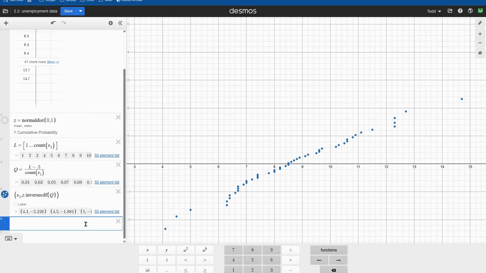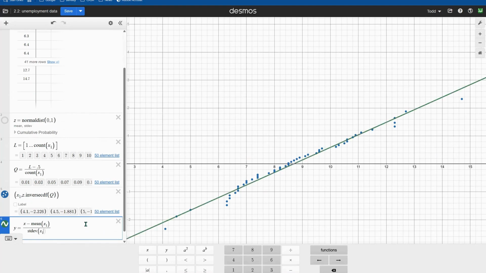If we want to compare them to a line, we can compare them to the line that matches up with the Z values for this list. And that would be X minus the mean of X1, and we can divide that by the standard deviation of X1.